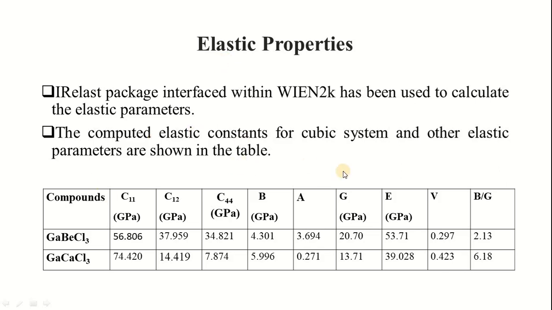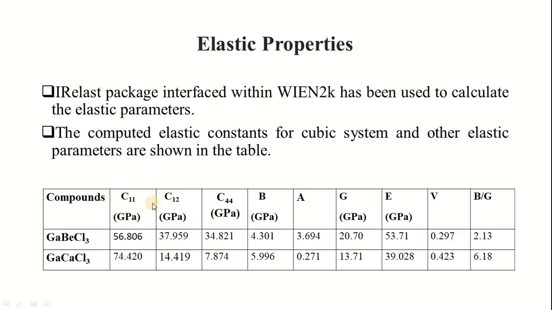The computed elastic constants for these two compounds having cubic crystal structure are shown in the table. So for the first compound GaBeCl3 and for the second compound, these elastic constants are given.